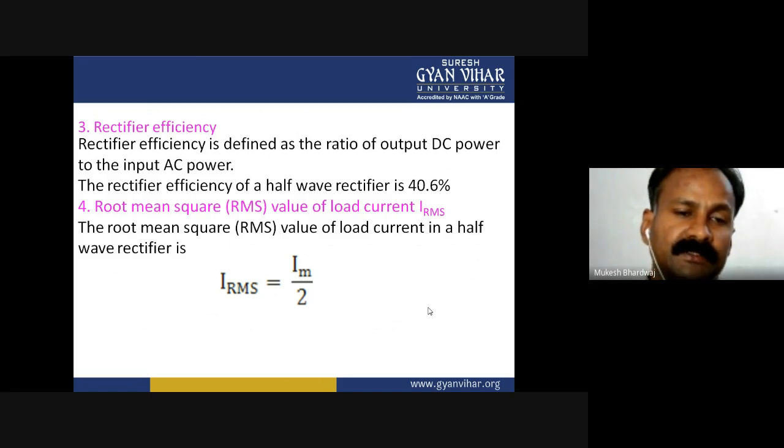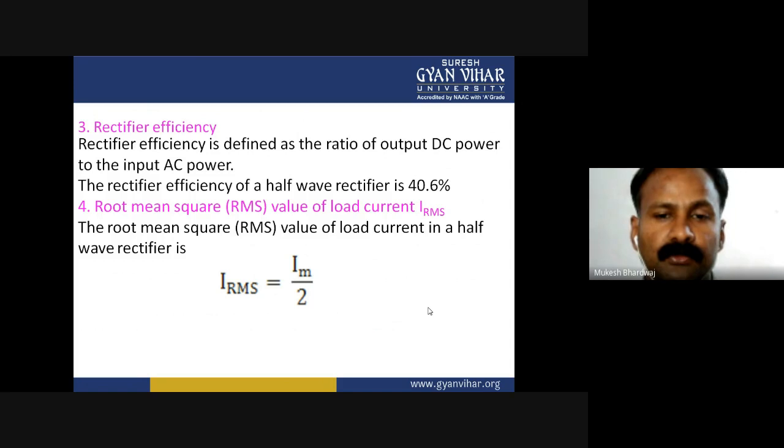Now the fourth parameter, that is the root mean square value of load current, IRMS. The root mean square value of load current in a half-wave rectifier is IRMS equals I maximum by 2.